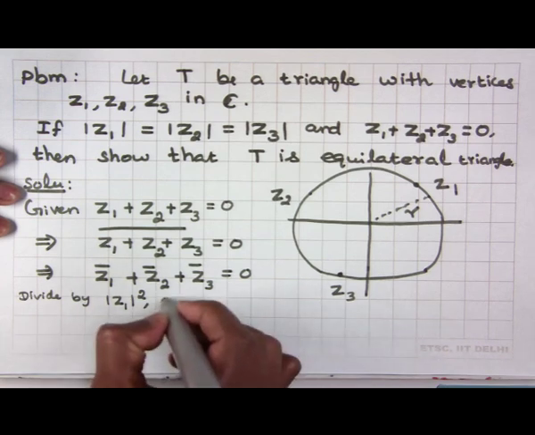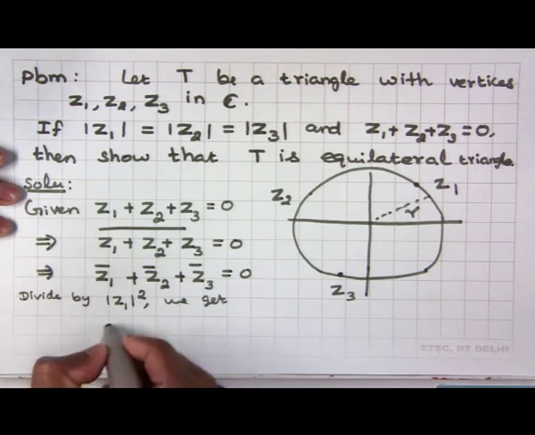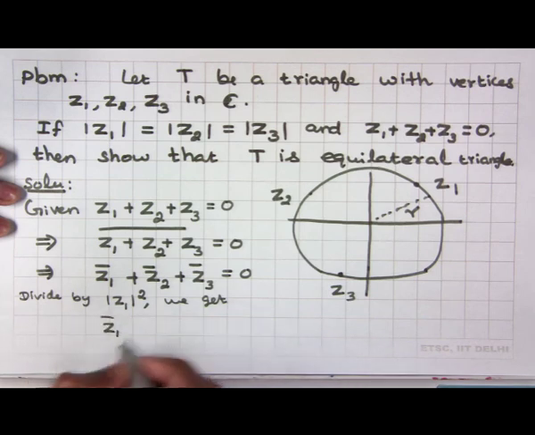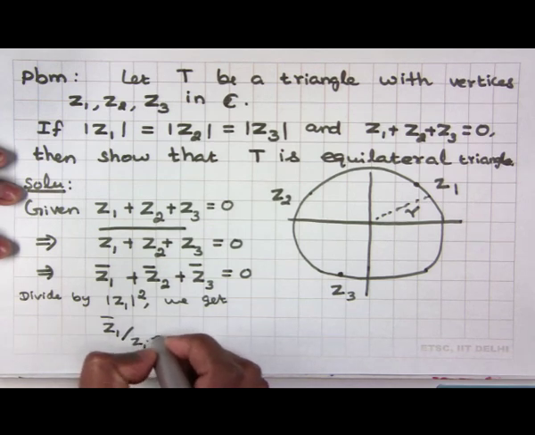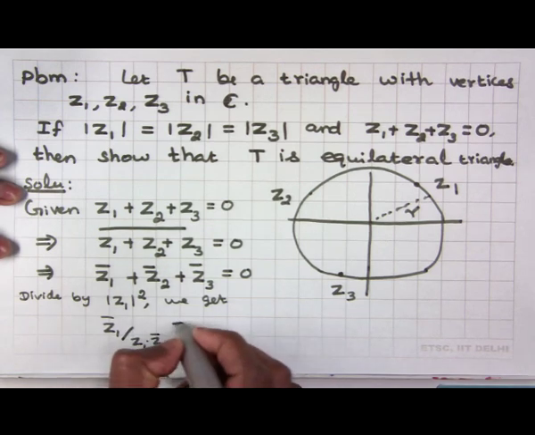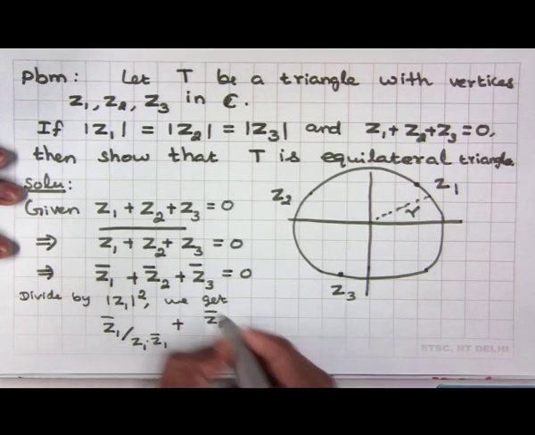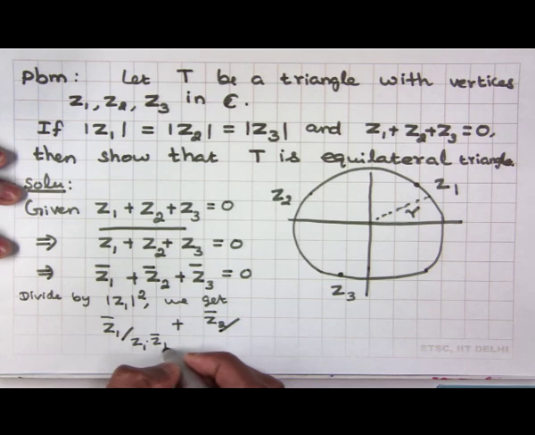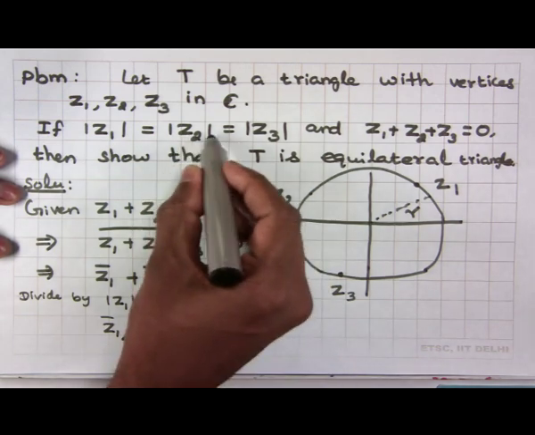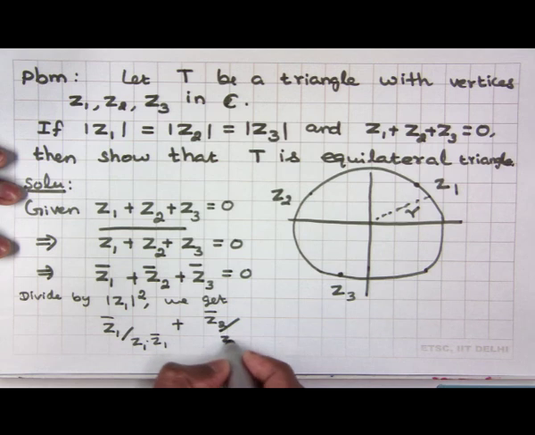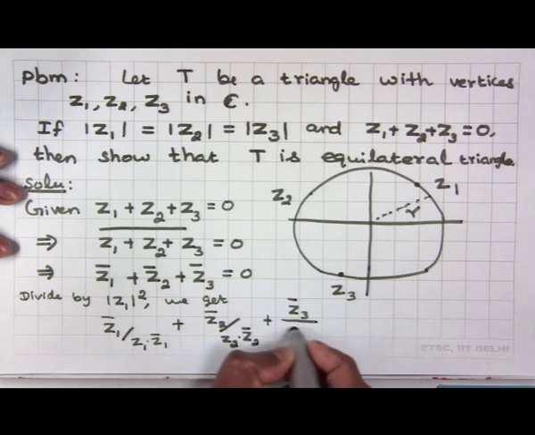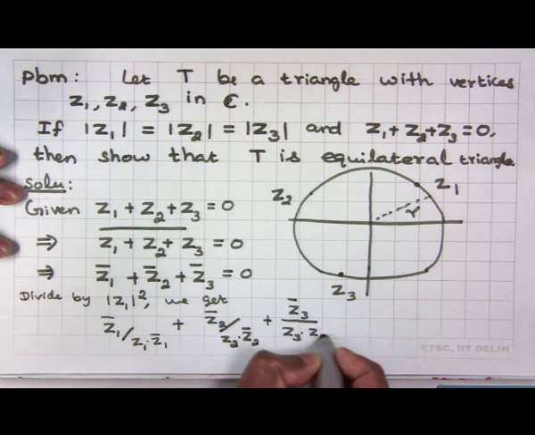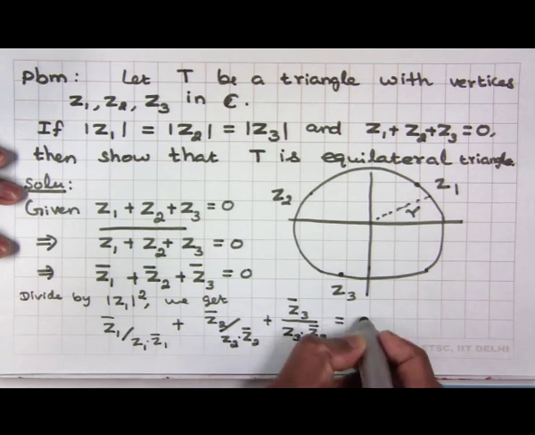Then we get Z1 bar divided by mod Z1 square, which can be written as 1 by Z1, plus Z2 bar divided by mod Z2 square, which is 1 by Z2, plus Z3 bar divided by mod Z3 square, which is 1 by Z3, this is equal to 0.